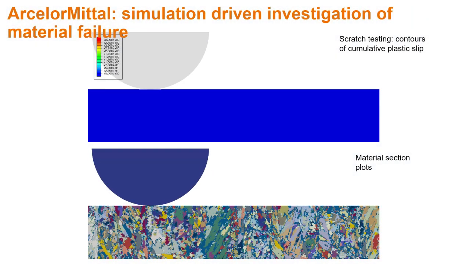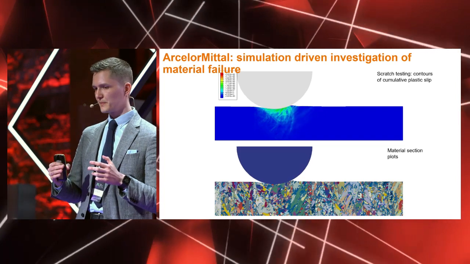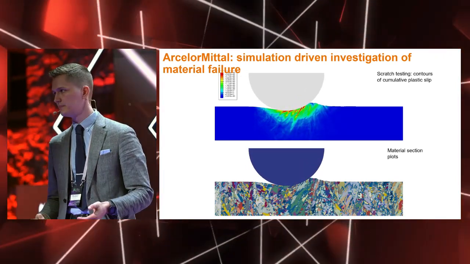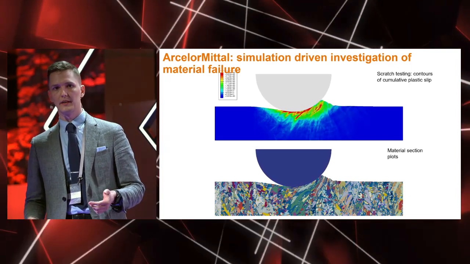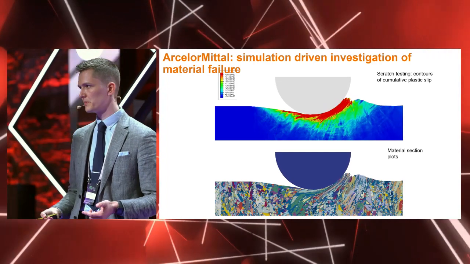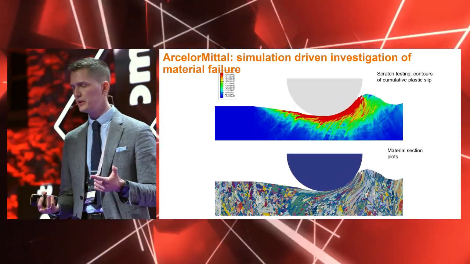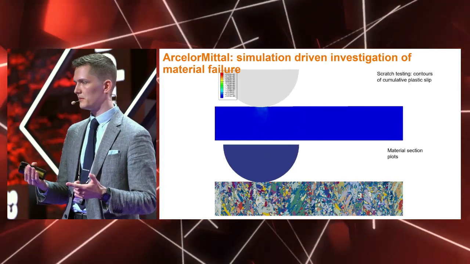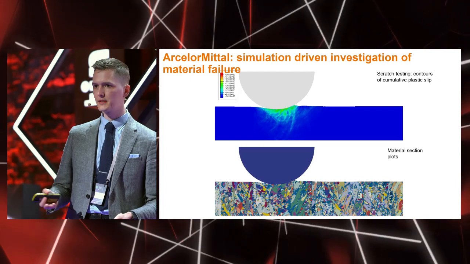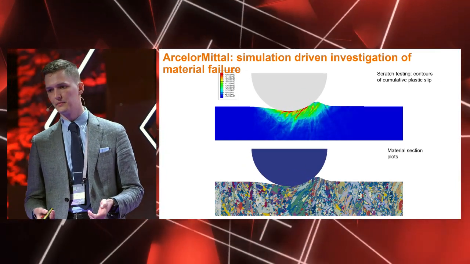Now the idea here was that we needed to improve the wear resistance of this material. The manufacturer could give us information on these process windows. We knew what manufacturing parameters are in the window, and they could give us material properties such as prior austenite grain sizes or grain aspect ratios within each window.